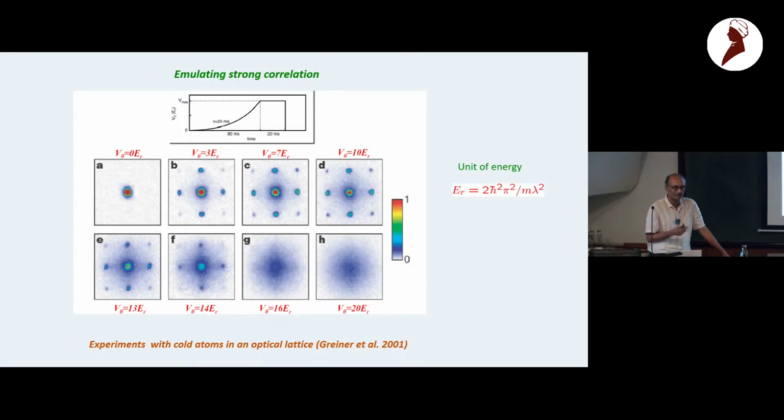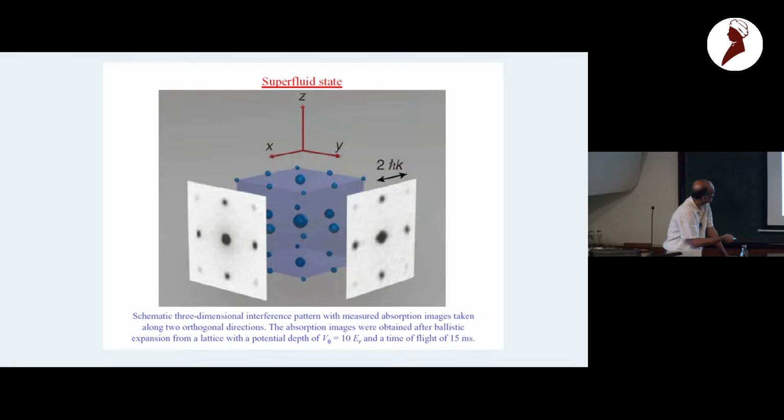So that was the experiment. After the atoms fly out, they have the screens on which they strike, and they take that picture of where the atom has struck on the screen.